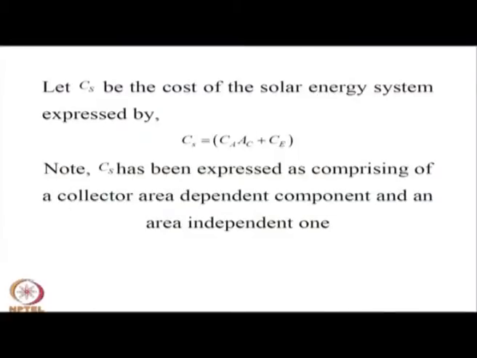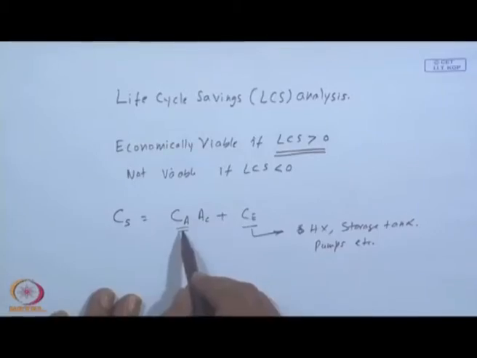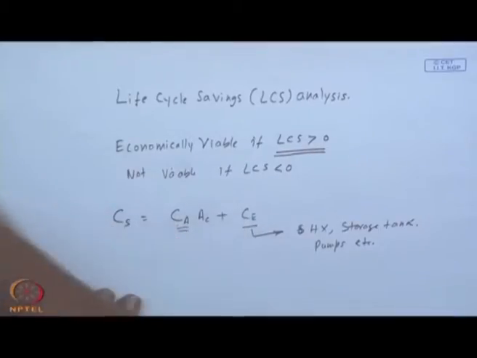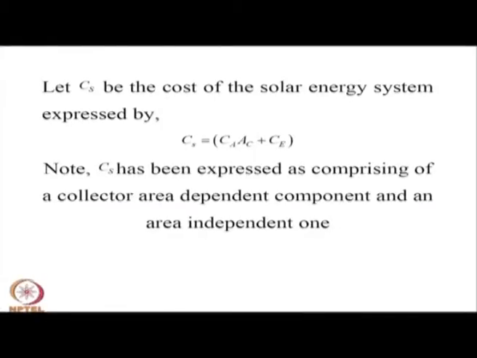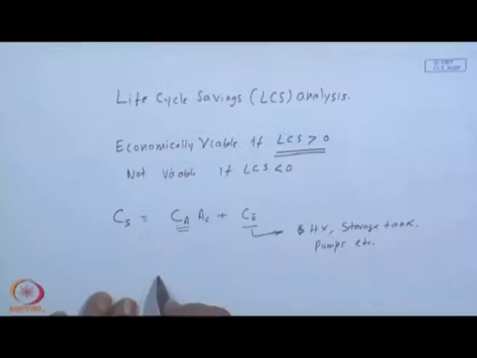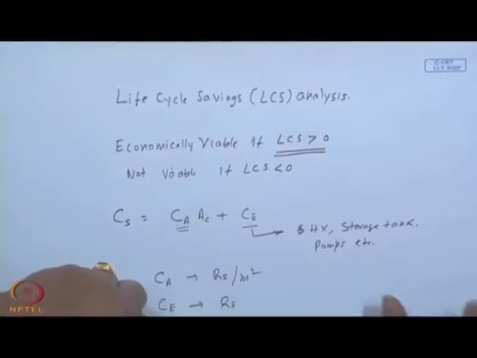So, C s is a m x plus c type of equation, where C A is the cost per unit area of the collector and C E is a fixed cost, which is independent of the area. So, C A could be Rs per meter square and C E is simply rupees.